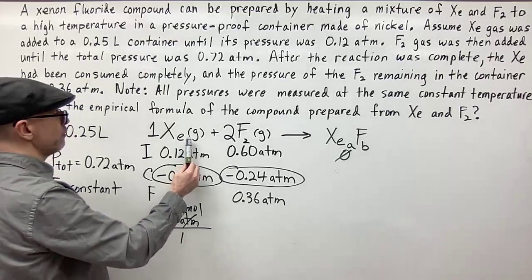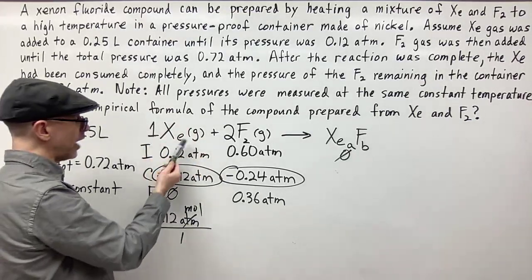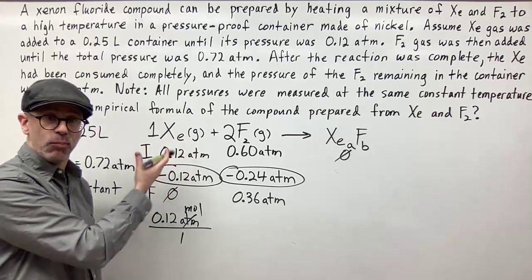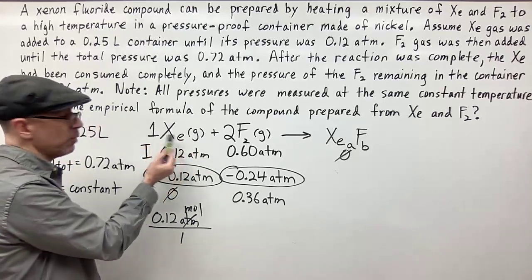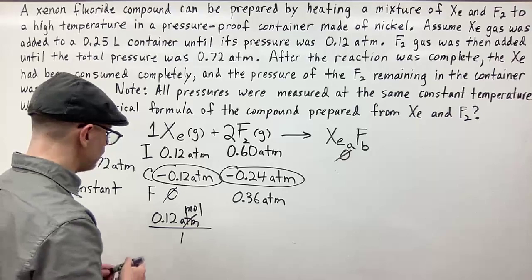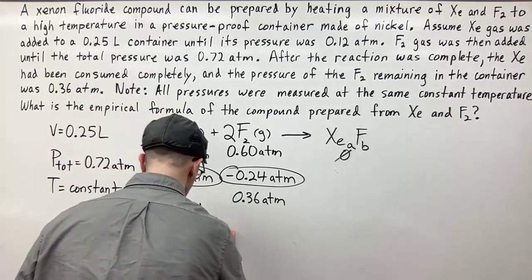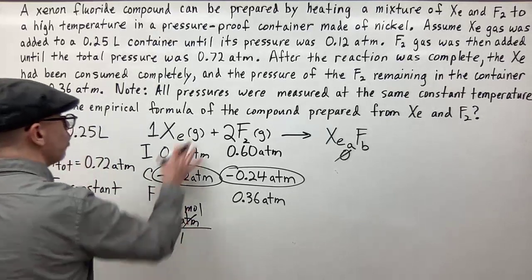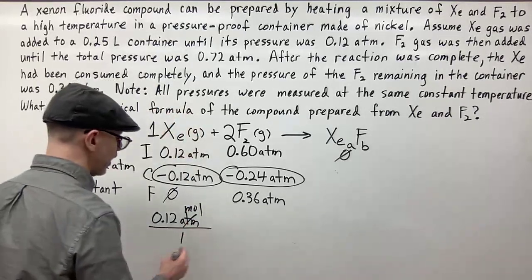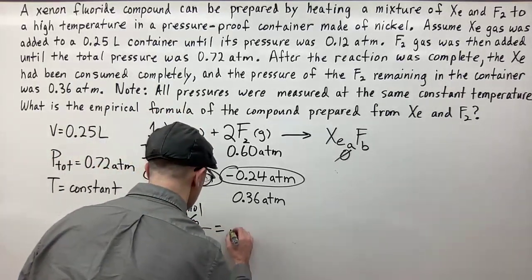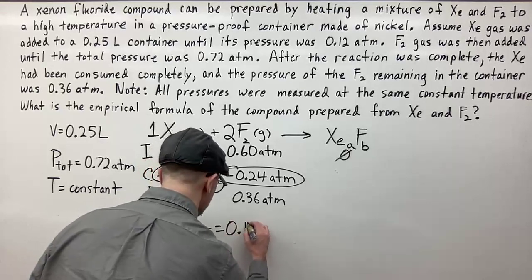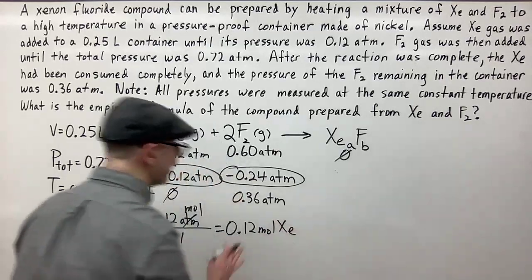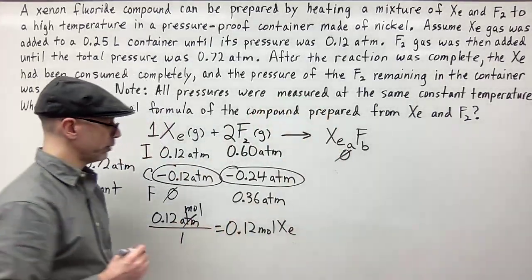For every one of these, I have one mole, so this is 1-to-1 because it's just an atom. So simple enough. This 0.12 moles of this is going to be equal to 0.12 moles of the xenon that ended up in my formula.